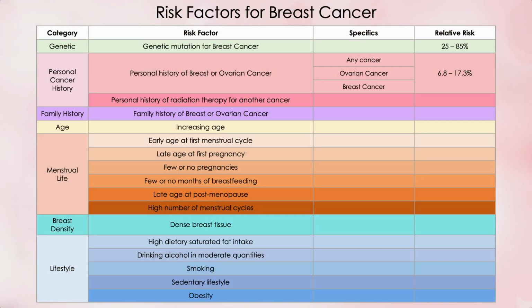So you can see that a genetic mutation for breast cancer increases your risk for breast cancer by 25 to 85%. And a personal history of any cancer in general, or breast or ovarian cancer in particular, increases your risk for breast cancer by 6.8 to 17.3%.